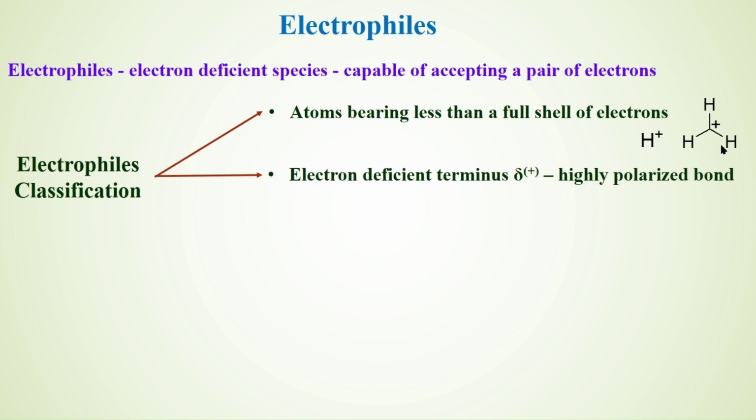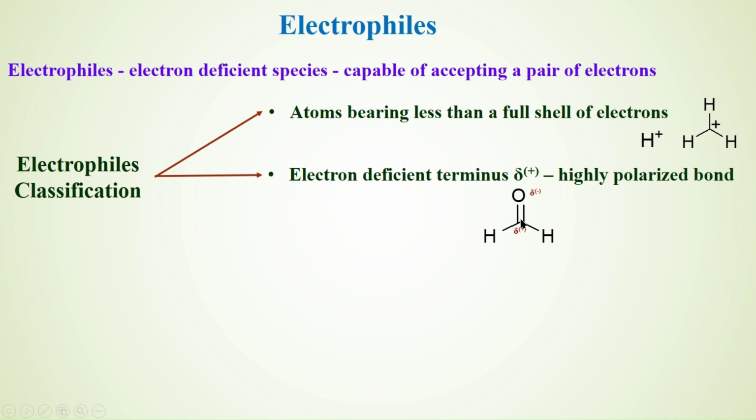Electron deficient terminus of a highly polarized bond, which is denoted as delta plus. The carbon is bonded with oxygen. Oxygen and carbon bonding is not equal sharing of electrons. That's why carbon gains a lesser amount of electrons, whereas oxygen has a higher amount of electrons.